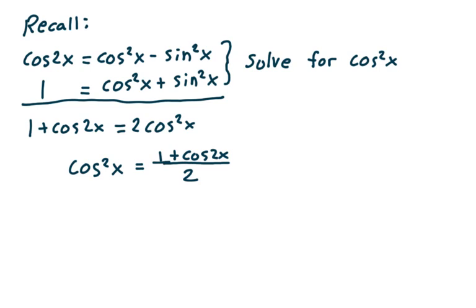Now, this is really important for integration purposes, because I want you to take a look at 16. In problem 16, we have the integral of cosine squared x dx.